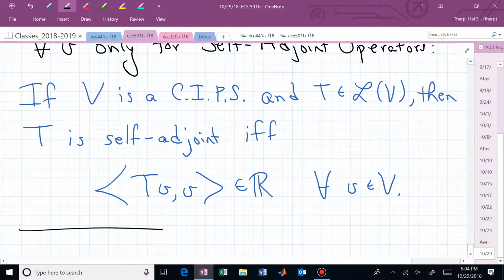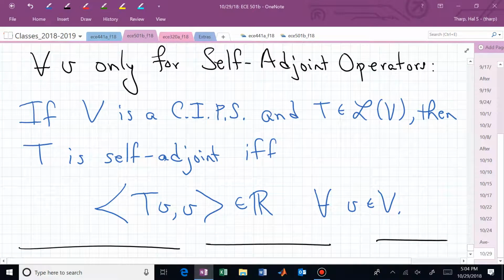Pardon? The CIPS include like real. So now CIPS is a complex inner product space, so you could have vectors, let's say in Cn, you could have vectors that are real, but they belong to Cn. Meaning, if this is true for all V, V is complex, and it produces an inner product that's real, then your map is kind of special. Your map is actually self-adjoint.